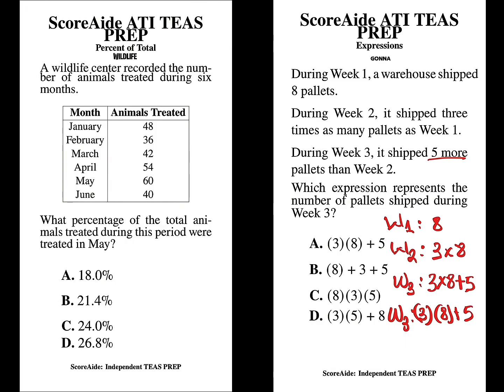So the answer is going to be A. So if we calculate this, we're going to have 24 plus 5. So week 3 is going to be 29 pallets shipped. But that is the expression A.